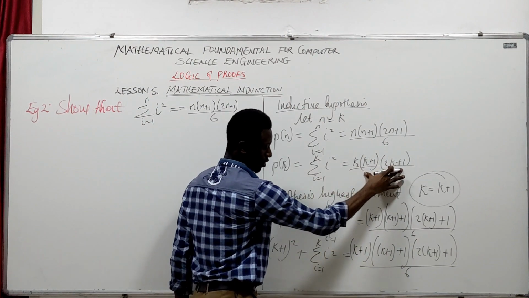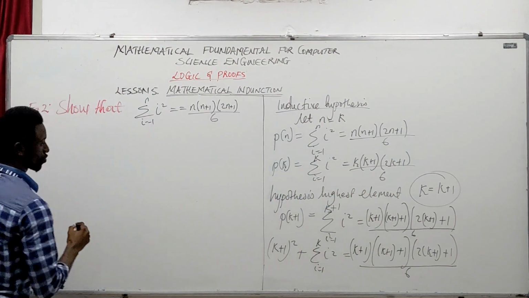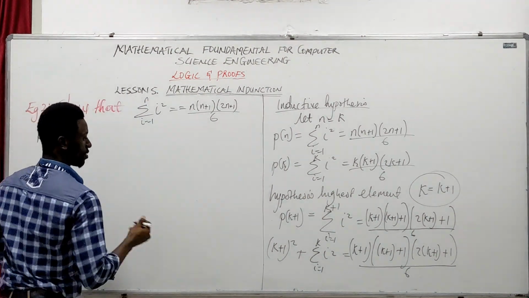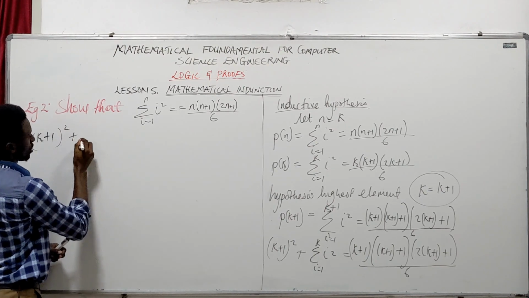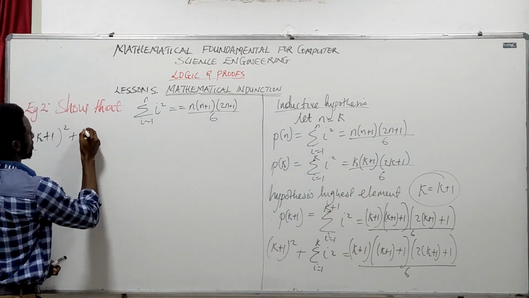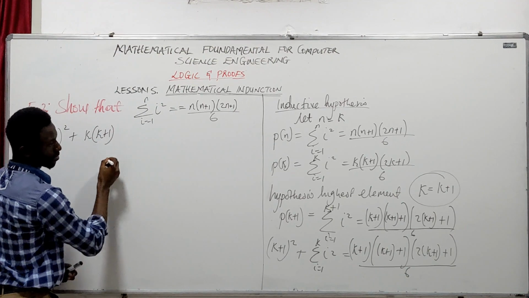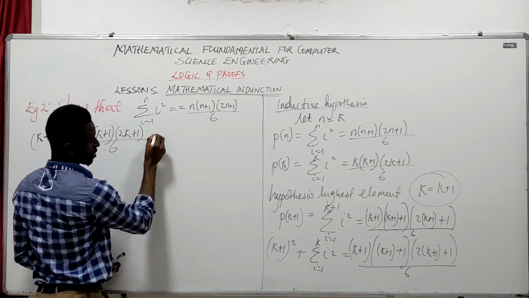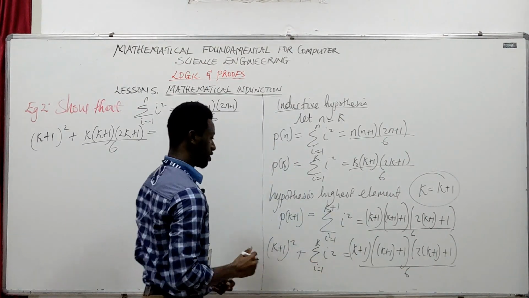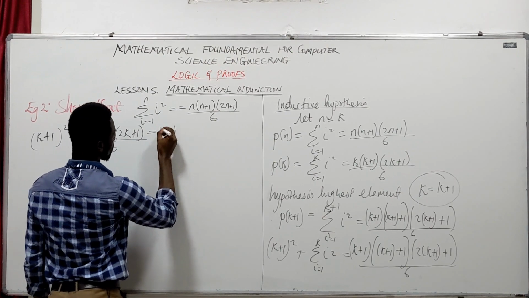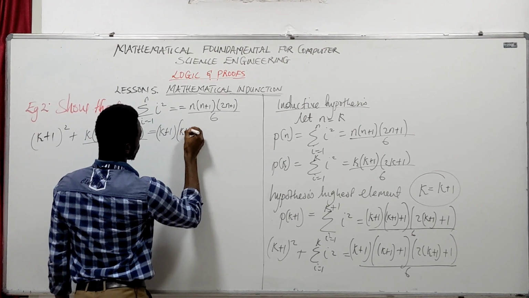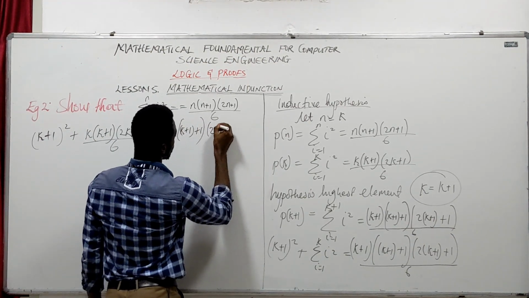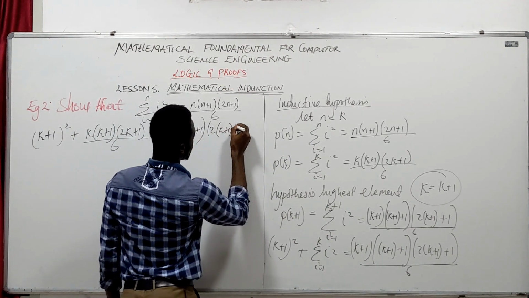So we replace it with this equation: k plus 1 all squared plus k into k plus 1 into 2k plus 1 over 6 equals, then we take this original equation, k plus 1 into k plus 1 plus 1, then 2 into k plus 1 plus 1 over 6.